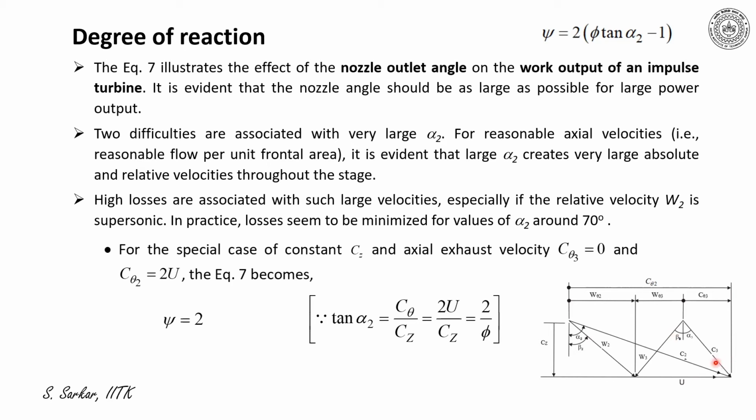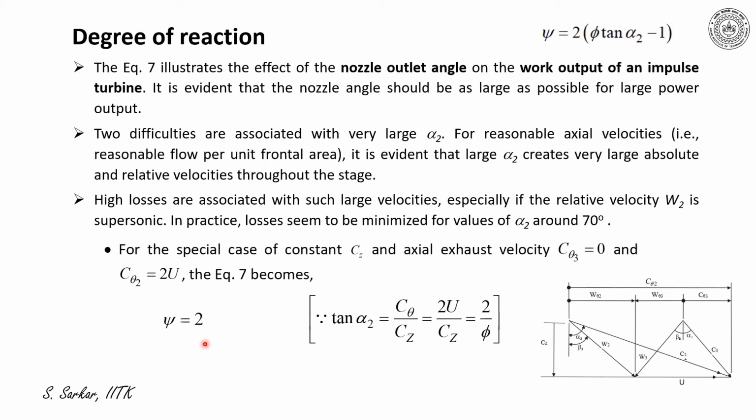Now C3 is associated with the kinetic energy of gases leaving the stage. Hence, the stage efficiency would be maximum for an exhaust which is normal to U, that is, axial exhaust. Thus, when C3 becomes axial, c theta 2 would be equal to twice u, and hence equation 7 becomes psi is equal to 2.